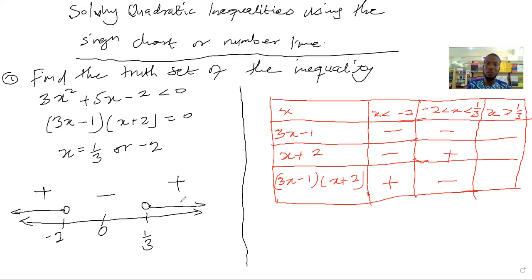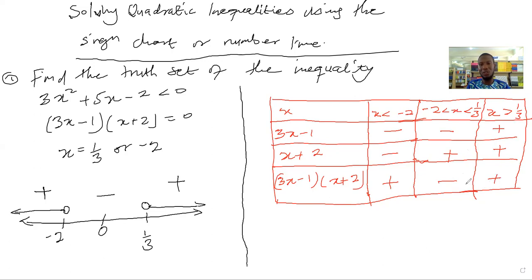Then here we pick 1. When we fix 1 here, 3 times 1 is 3, minus 1 is 2, positive. Then 1 plus 2 is 3, positive. Then we put 1 inside the whole expression. We are going to get positive 6, so also positive.